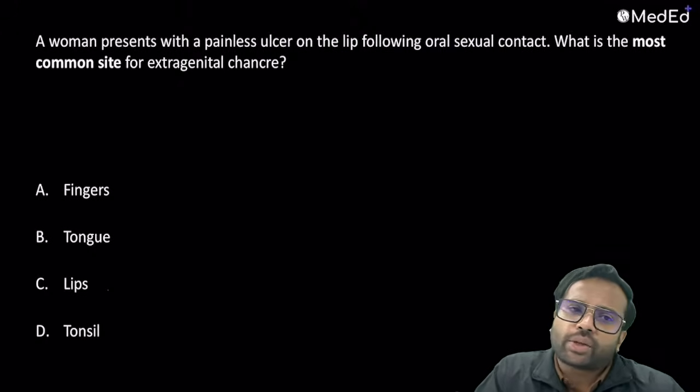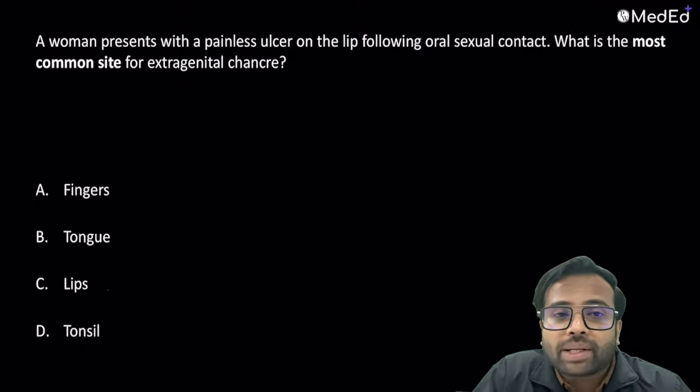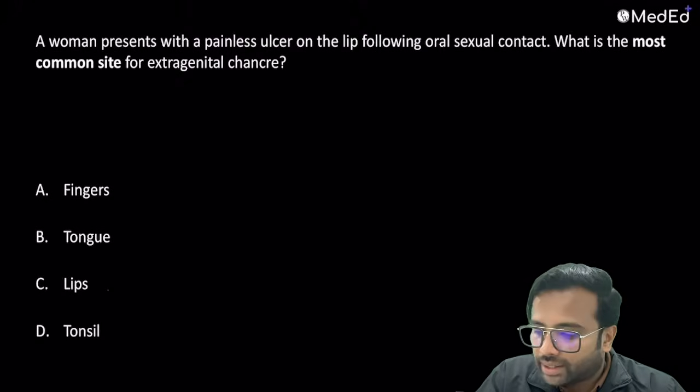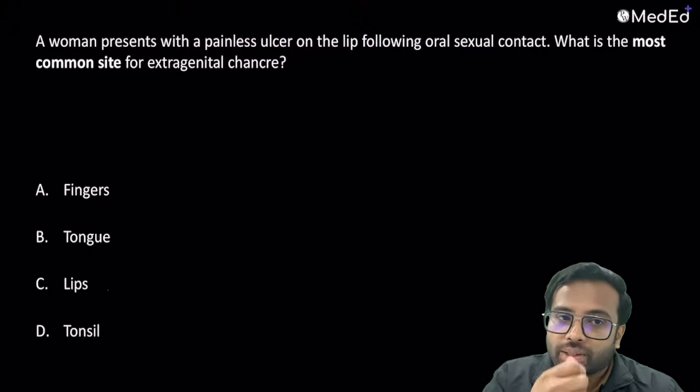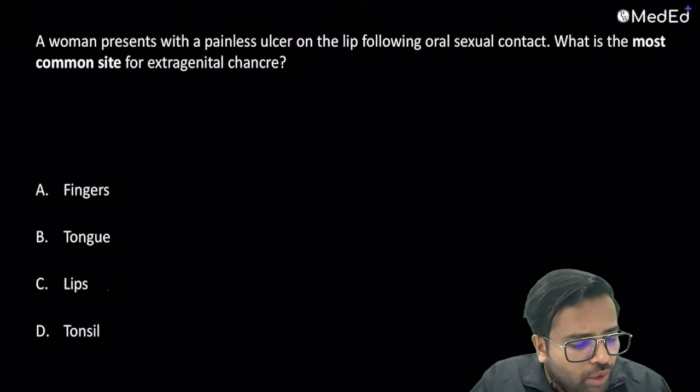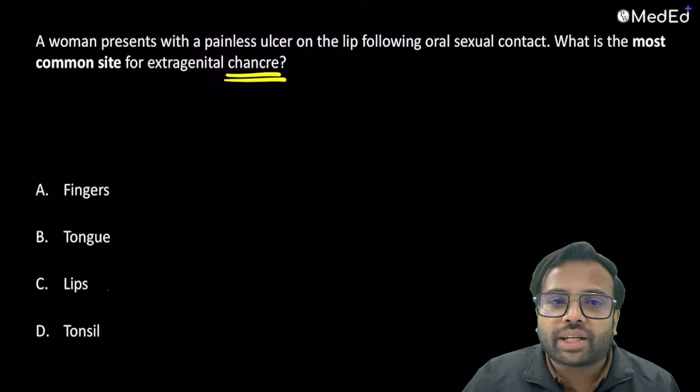Now let's see the second question. A woman presents with a painless ulcer on the lips following oral sexual contact. What is the most common site for an extragenital chancre? We always look for the chancre in the genitalia.